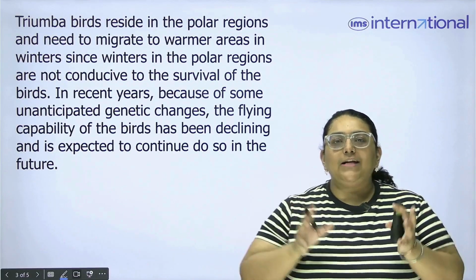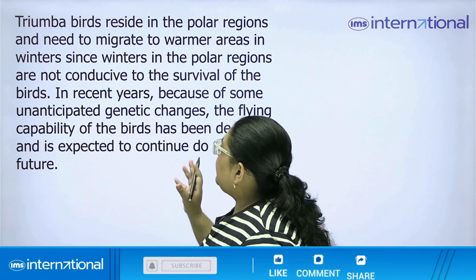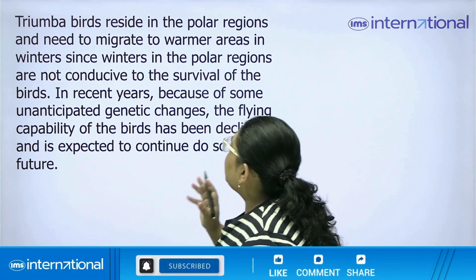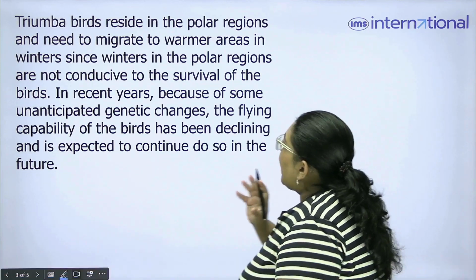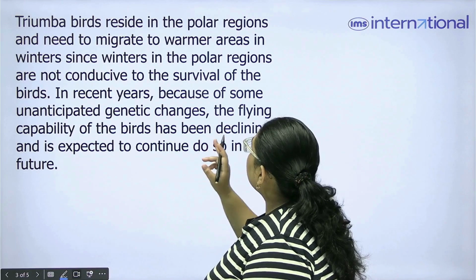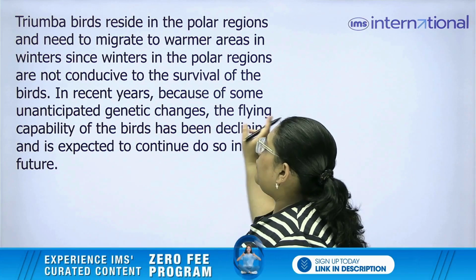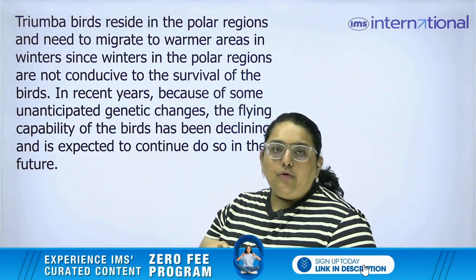Okay guys, now let's have a look at what the argument is trying to say. The argument says, Triumba birds reside in the polar regions and need to migrate to warmer areas in the winters, since winters in the polar regions are not conducive to the survival of the birds. So what do we know here?